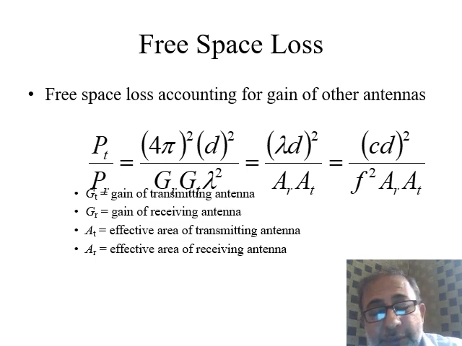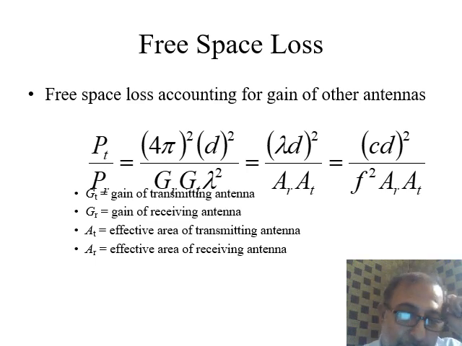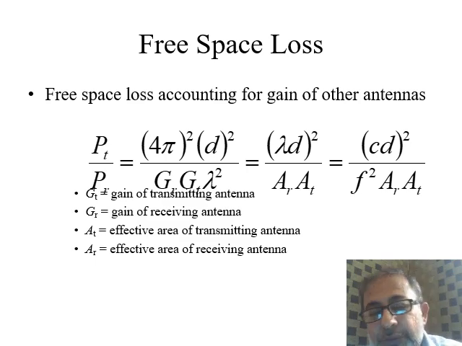That's why we can relate this formula in the form of (4 pi d) whole square over Gr into Gt into lambda square, and it can also be written as (lambda into d) whole square divided by Ar into At, or in the form of c and f, avoiding lambda, we have (c into d) whole square over f square into Ar into At.